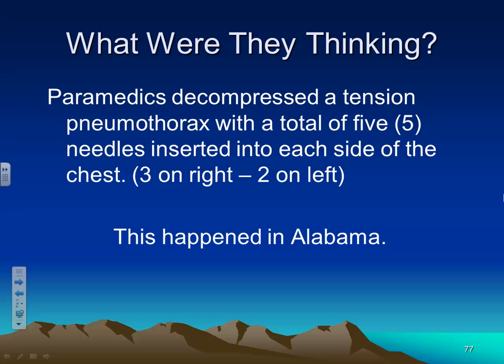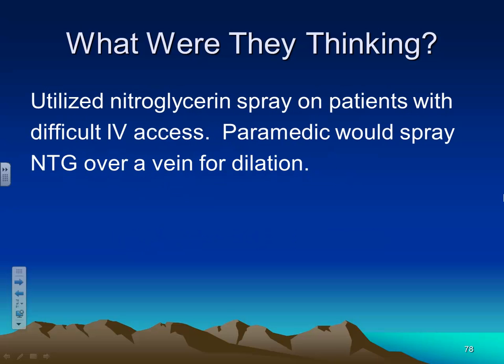I guess they wanted to make sure they got the right one. That happened in North Alabama. You notice I don't live up there for a reason. A medic used nitroglycerin spray on a patient with difficult IV access. We put the spray over the vein, said it would make it dilate. Interesting concept, but I don't think so.